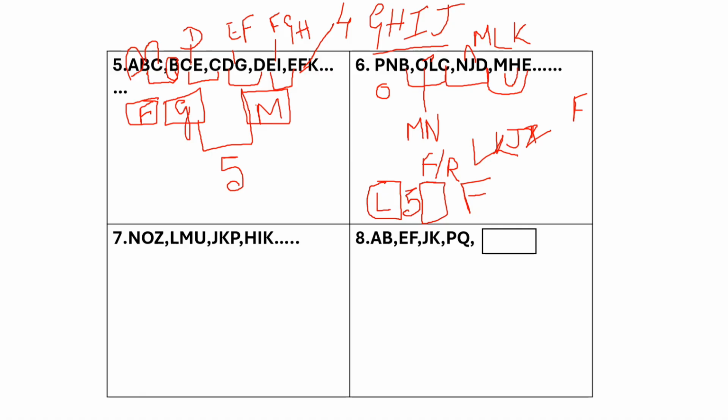And also they leave one letter in between them. In between N and L, M is there. In between L and J, K is there. In between J and H, I is there.